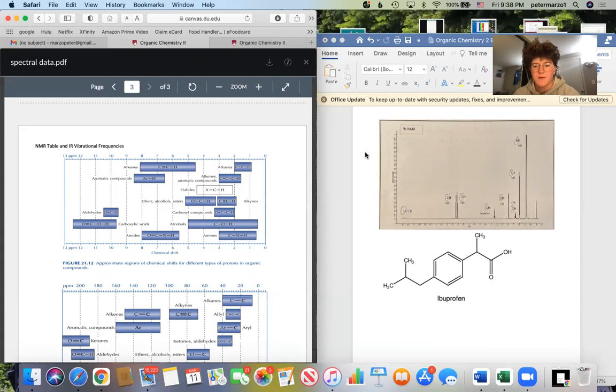After noticing the different partial structures that are present in this proton NMR, most importantly, the aromatic group shown by the 2 equivalent signals at around 7 ppm, the carboxylic acid, which is represented by the singlet at 11 ppm, and the isopropyl group shown by the doublet at around 0.9 ppm with a 6H integration, as well as the methyl group connected to the CH, are all important for determining the larger structure of this.